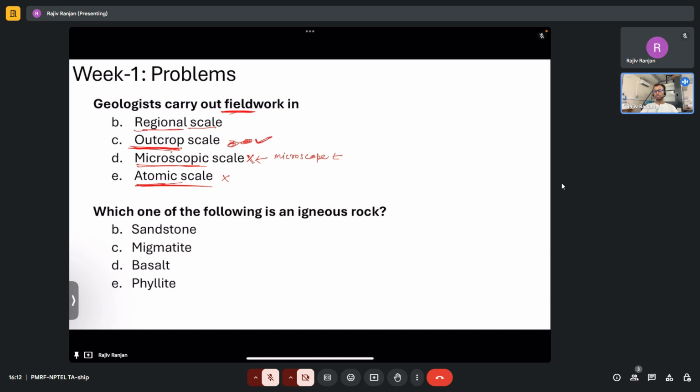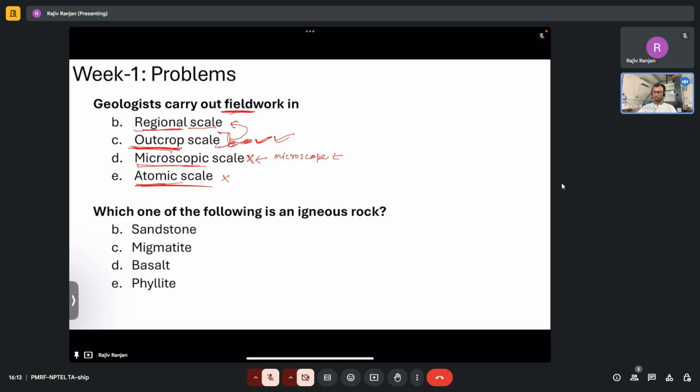We generally do not do fieldwork on a regional scale, because regional scale means tens and hundreds of kilometers. What we do is look for exposed outcrops and study several outcrops in a location. We study at the outcrop level, and then we interpret on the regional scale, and then we also do microscopic or atomic analysis. So this is the correct answer.